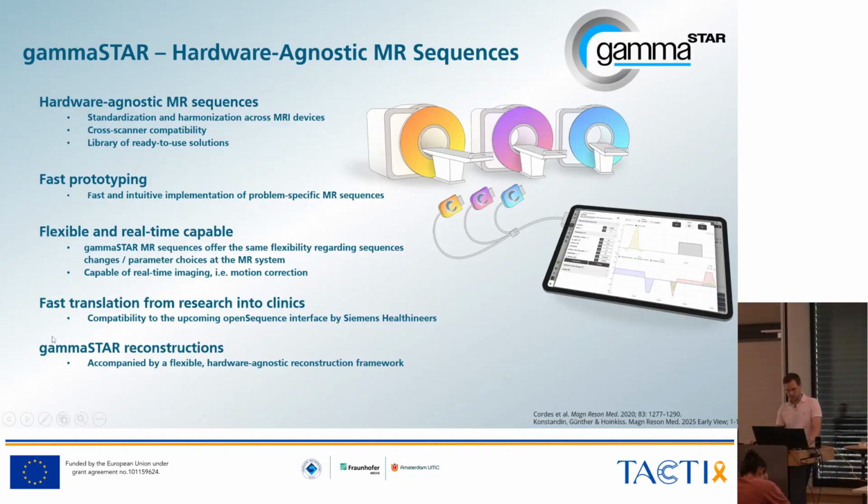And then what we added, and what we will see later, is what we call gammaSTAR reconstructions, which is also a standardized interface for raw data to reconstruction conversion. If we unify the MR sequence side, we still have the image reconstruction that differs between vendors.